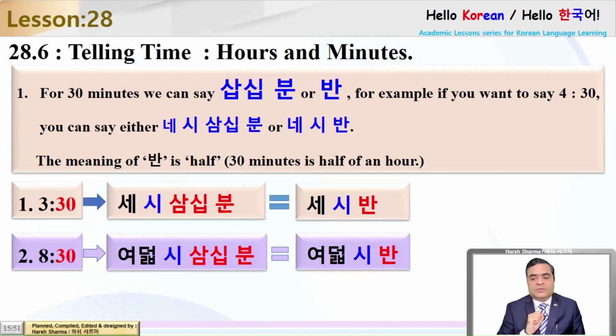So ban is also used in daily life. Let's check example number 1. How to express the time 3:30? The first option is sesi samshipbun, and we can say sesi ban also. Number 2, 8:30, we can say yodolsi samshipbun or yodolsi ban. Both are correct, you can use any of these options.